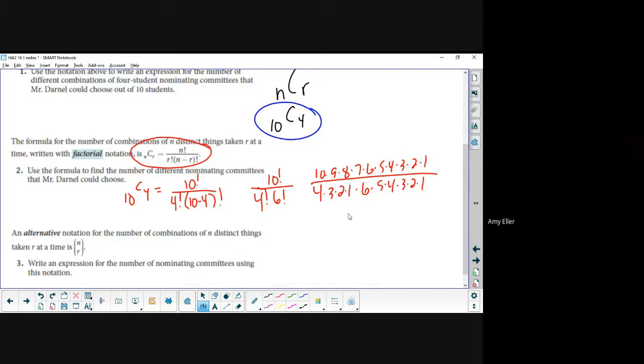If all of this is multiplying, you see how you're going to save some time? 6 times 5 times 4 times 3 times 2 times 1 on the top cancels with 6 times 5 times 4 times 3 times 2. 1. So I have a whole lot less to type in. So go ahead with your calculator, take 10 times 9 times 8 times 7.